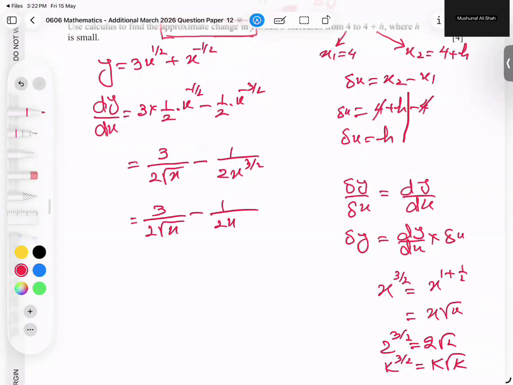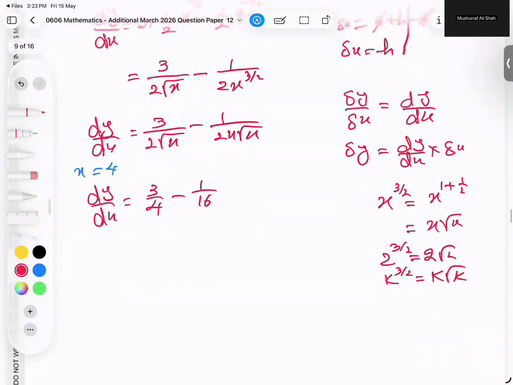So 2x root x. Now I'm going to plug in the value. Which value am I going to plug in? Plug in the first value, 4, in each x. So I'm saying x replaced by 4. When I plug in 4, 4 root 4, 2 2s are 4, 3 over 4. When I plug in 4 inside, 2, 4 outside, 8, 8 2s are 16.